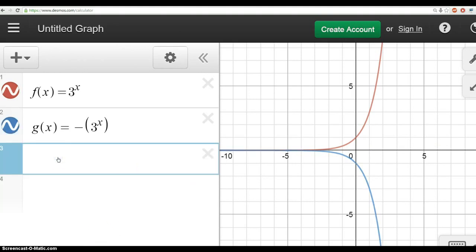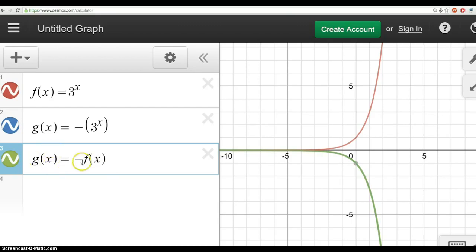So how would you do number one? It says rewrite each function g of x in terms of the basic function f of x. So I'm going to say g of x is really the opposite of f of x. I think maybe this parentheses is not necessary.